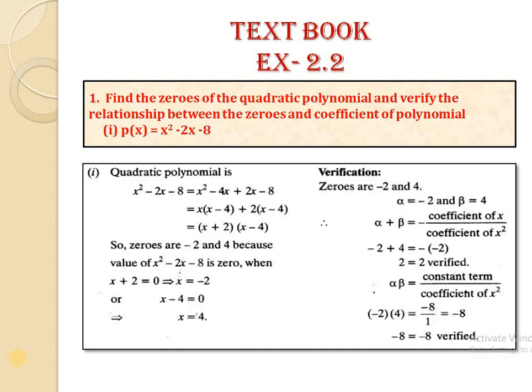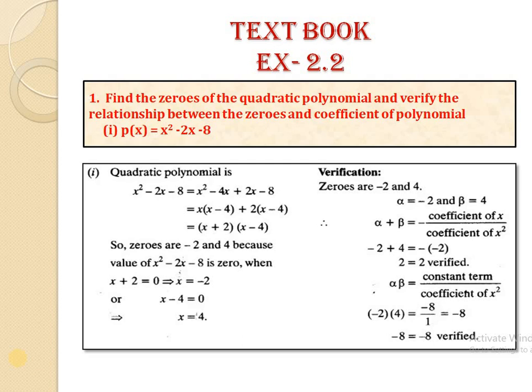Now verification. Let us consider minus 2 as alpha and 4 as beta. If we add alpha and beta, we get minus 2 plus 4, that is equal to 2. And according to the formula, which is minus b by a, that is minus of coefficient of x upon coefficient of x square, again we get minus of minus 2, which is also 2.